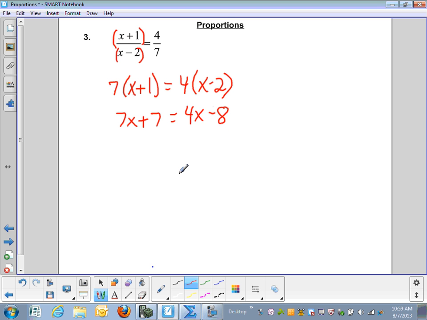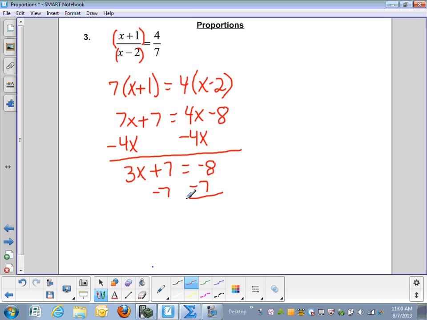So this is one of those equations with variables on both sides. So I need to move the variables on one side and the numbers on one side. I'm going to move the lowest x. This is 4x. I'm going to move that to join the bigger x. Minus 7 on both sides.